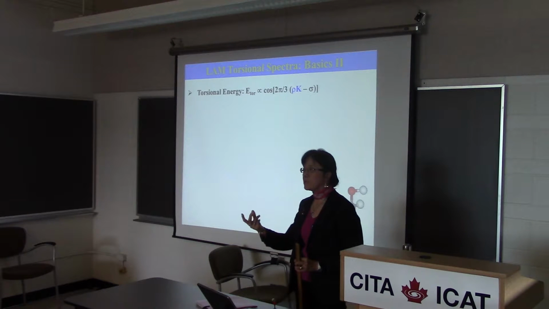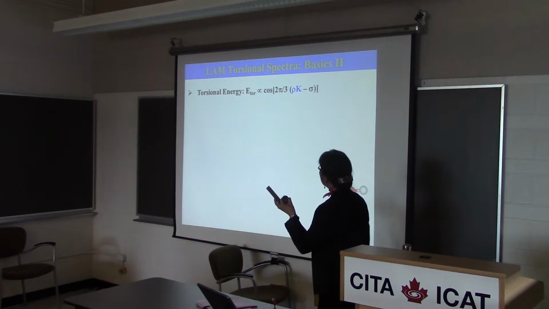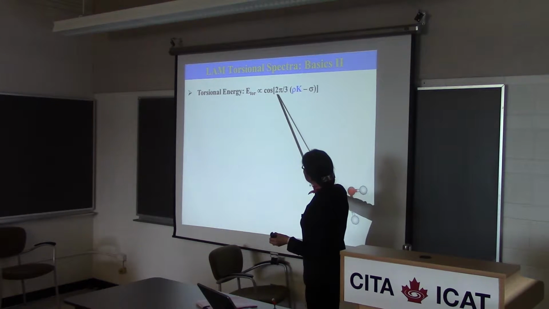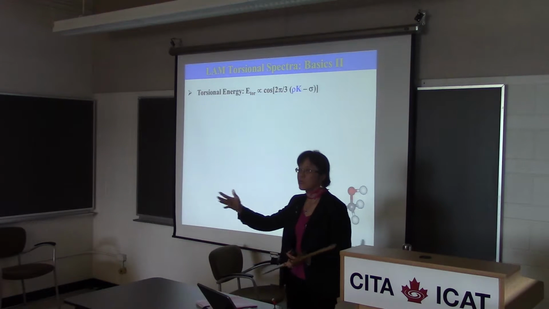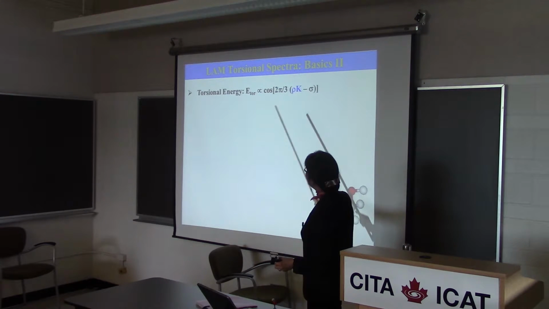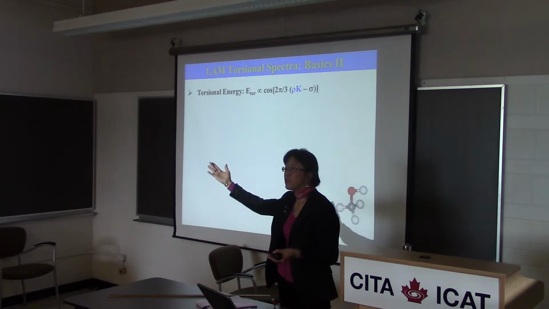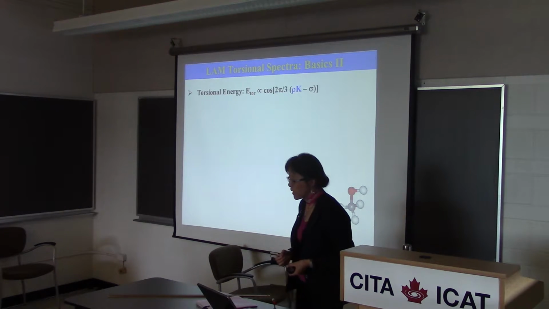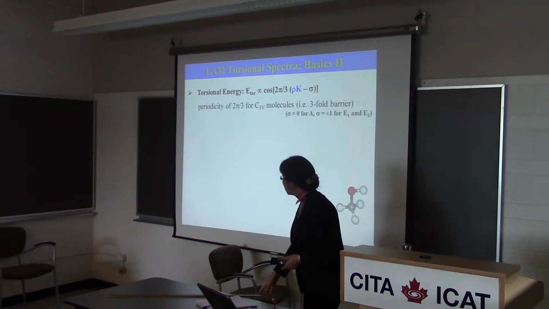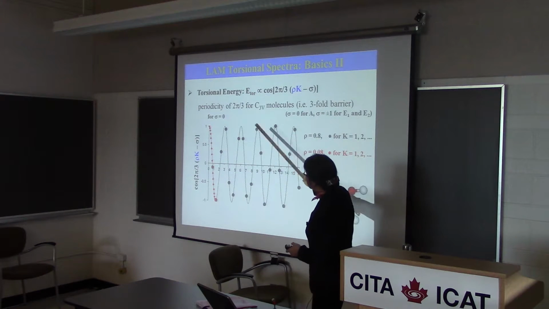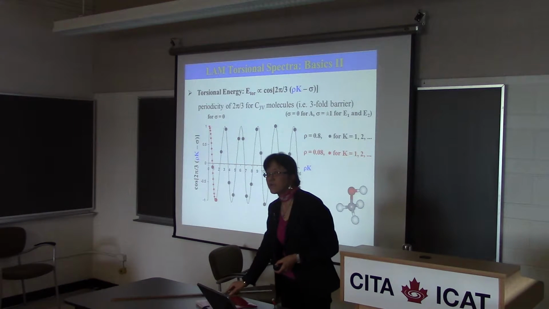In other words, the potential has 3-fold symmetry. So the torsional energy can be expressed as 120 degrees multiplied by this rho factor, and K is the rotational quantum number, the projection of J onto the symmetry axis. The torsional energy is plotted like this. It's basically a cosine function.